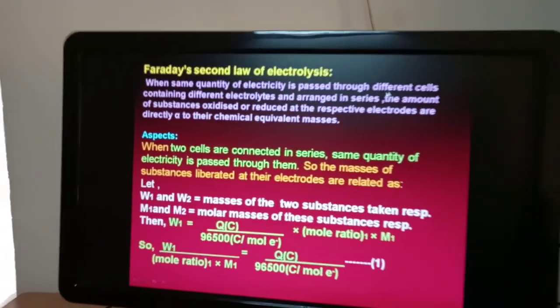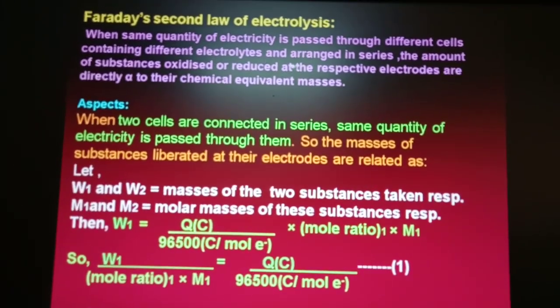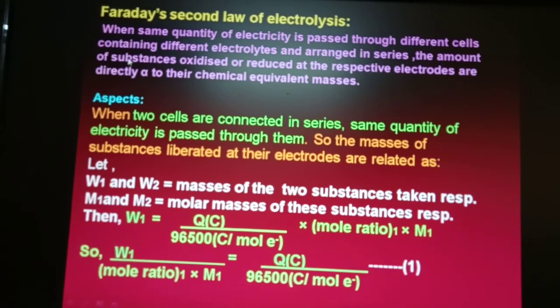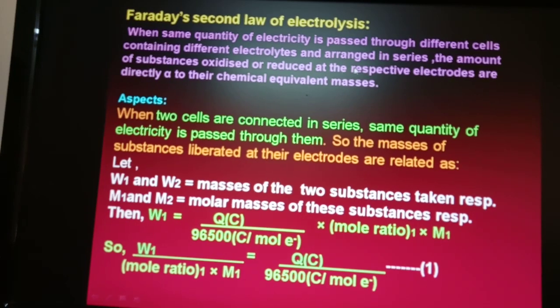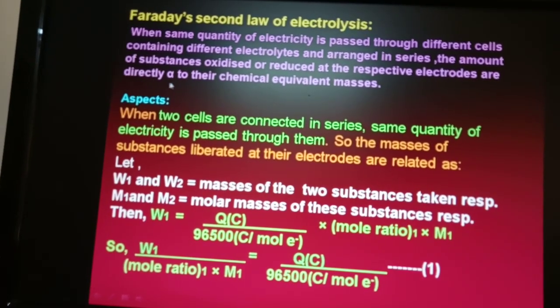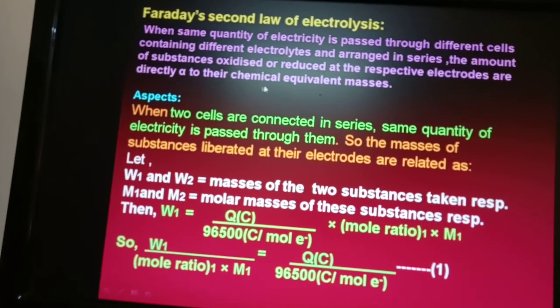Now we shift to Faraday's second law of electrolysis. Before studying the quantitative aspects of electrolysis based on this law, let us study what Faraday's second law of electrolysis is. When the same quantity of electricity is passed through different cells containing different electrolytes and arranged in series, the amounts of substance oxidized or reduced at the respective electrodes are directly proportional to their chemical equivalent masses.